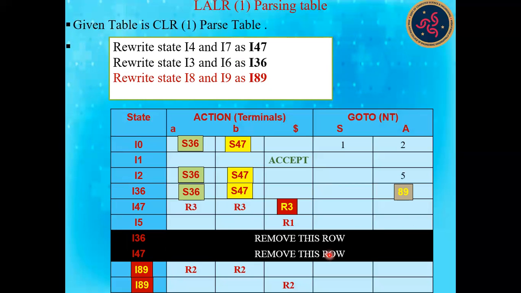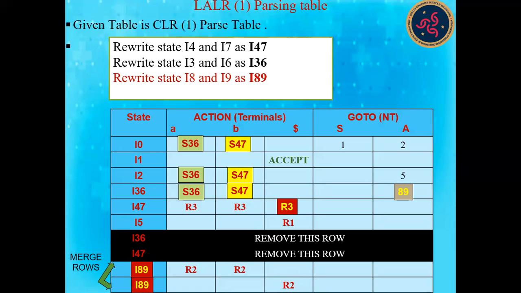Again, the two states are I8 and I9. I can rewrite them as I89. Here also there is an R2, so I can rewrite this R2 into the other row, that is the top row. In order to merge these rows, before merging we have to make sure that all the information is given to the other row.